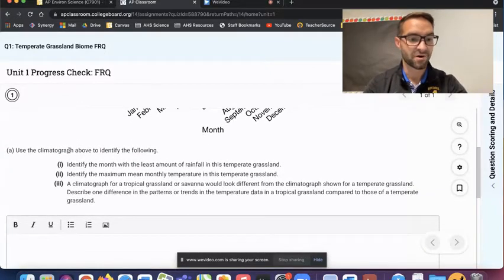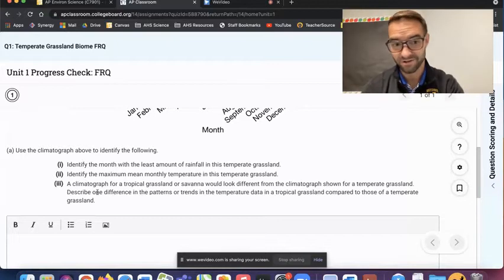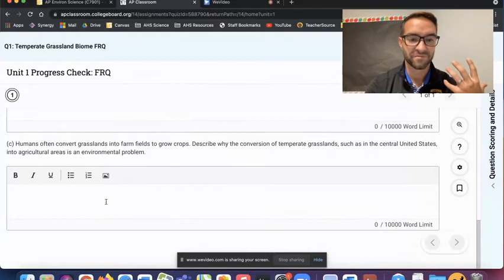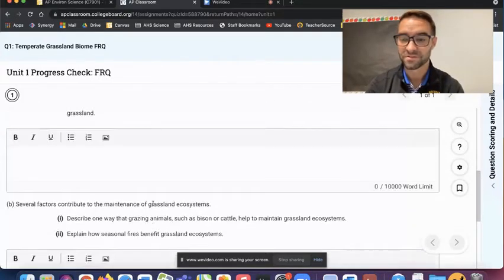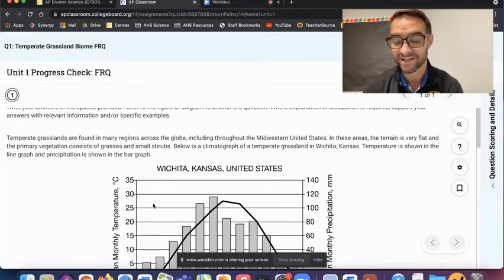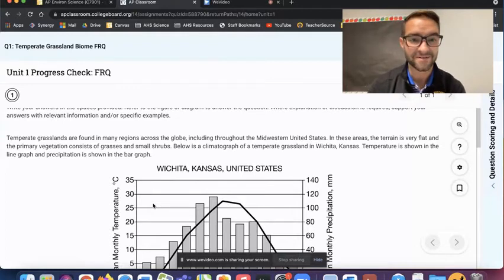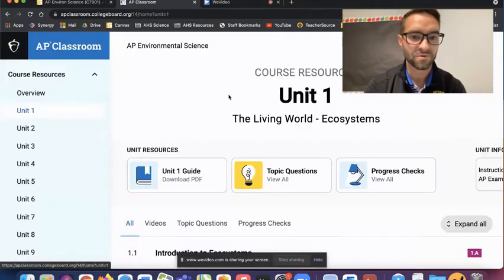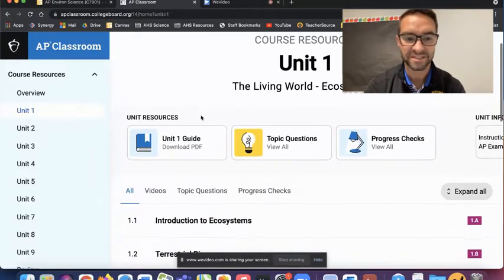You'll see that there's a part A, and part A has three parts, and then there's a part B, which has two parts, so it can be very deep, and it really challenges the students to focus on the question and answer it very explicitly. It tends to take practice, and I firmly believe that this will be helpful for us, and then they can better be prepared for that AP exam if that's what they're interested in.